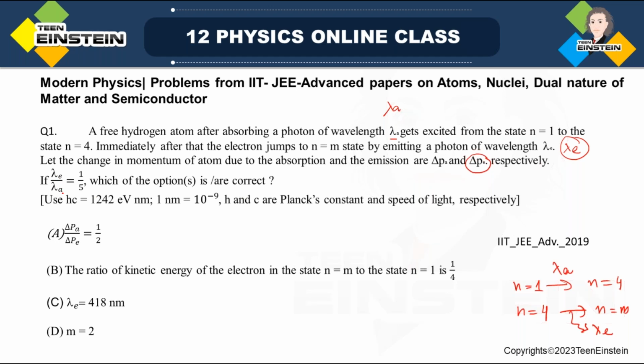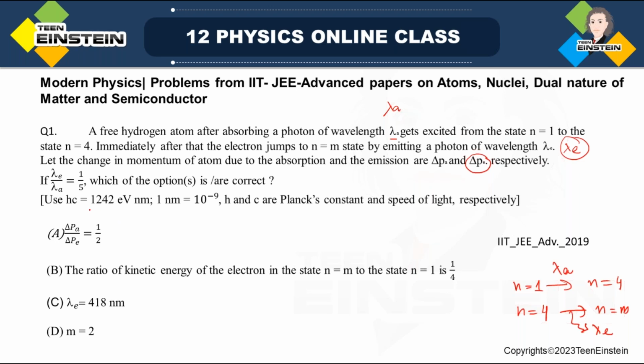If lambda e by lambda a is 1 over 5, which of the following option or options are correct? That means more than one option may be correct.